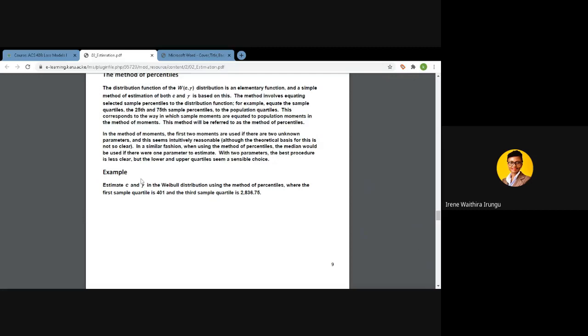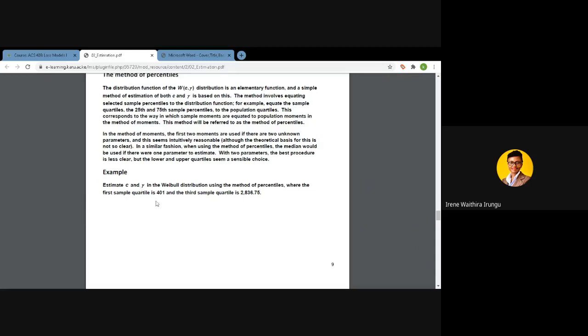We now want to estimate the unknown parameters C and gamma in our Weibull distribution using the method of percentiles, where the first sample quartile is 401 and the third sample quartile is 2836.75.